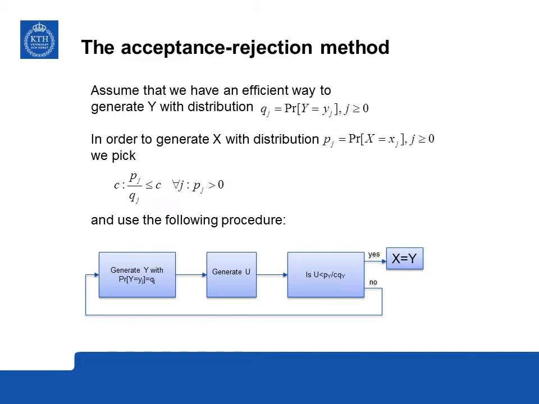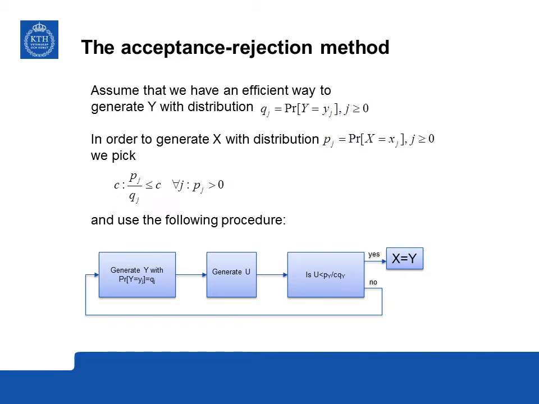The question is, how long will this process take? Well, the number of iterations of this process until we get acceptance is a geometrically distributed variable with average c. So on average, it will take c steps, where every step has the probability of acceptance 1 over c.